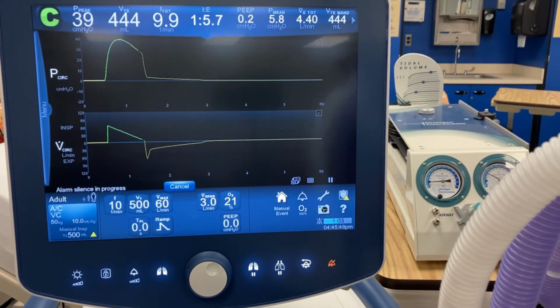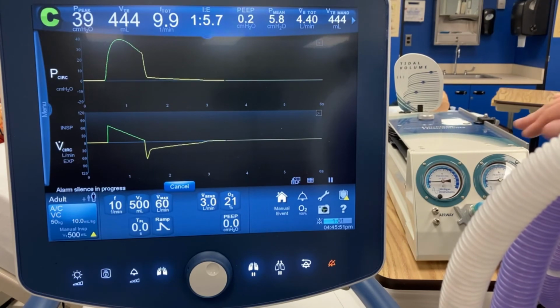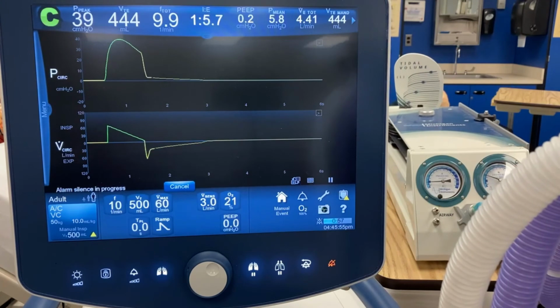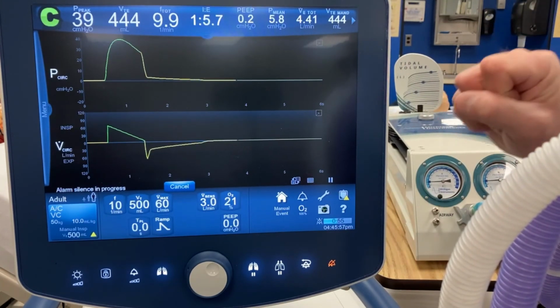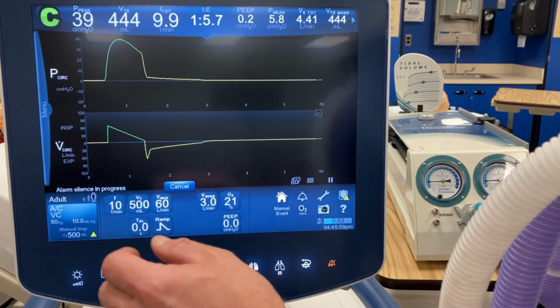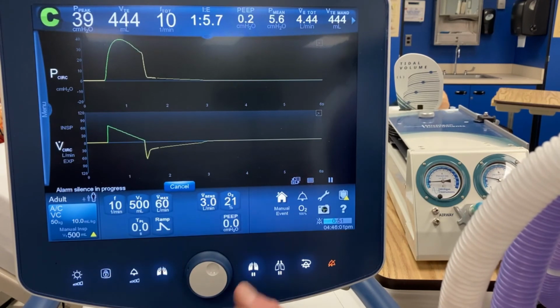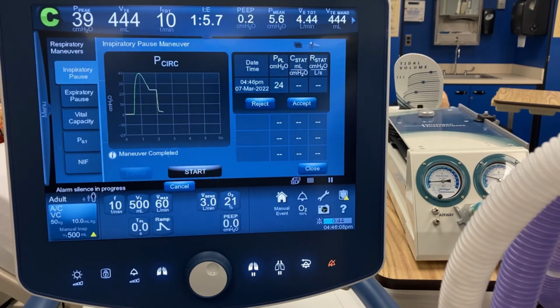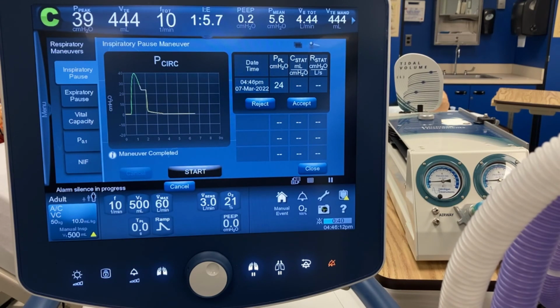Because remember, resistance is resistance to airflow. So when the P-plat is being held, there's no airflow. You're just going to get the pressure that's used to hold that lung open, which is reflective of compliance. And so we hit that, and there we go. P-plat is back at 24 where it was the first time.